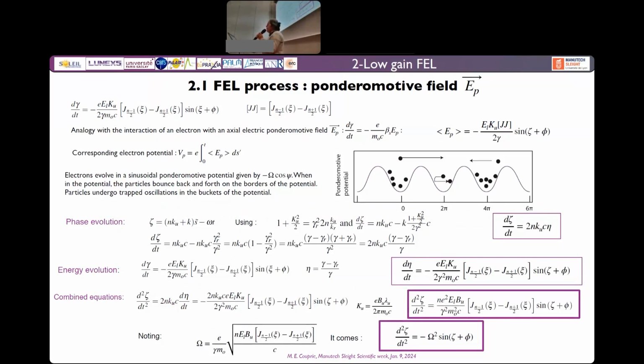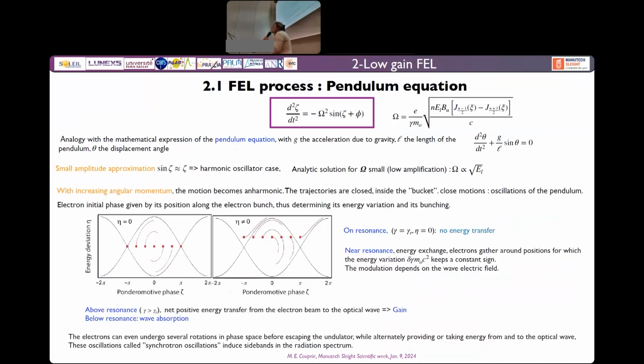And here we can look at the phase evolution and the energy evolution. We combine the equations, and we arrive at this equation, which is actually the pendulum equation. So the low gain FEL process can be seen as a pendulum.